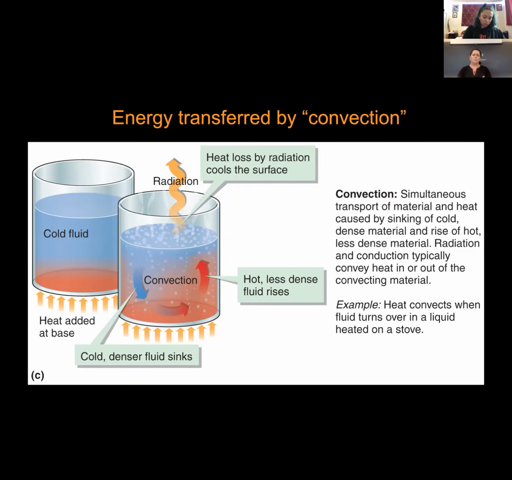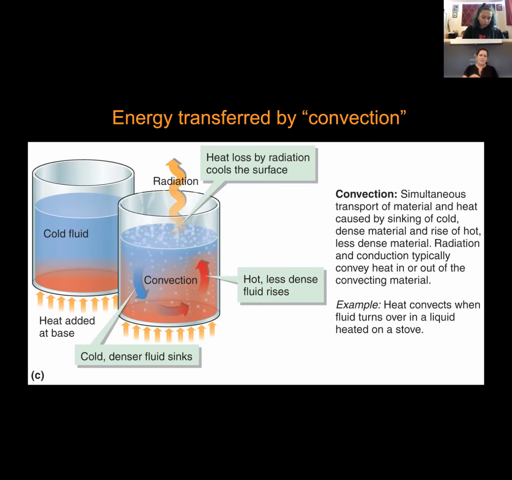The best example of convection is a boiling pot of water. Imagine the inside of a pot of water on the stove, with heat coming from the base. That would be like heat coming from Earth's core through the mantle and to the crust.